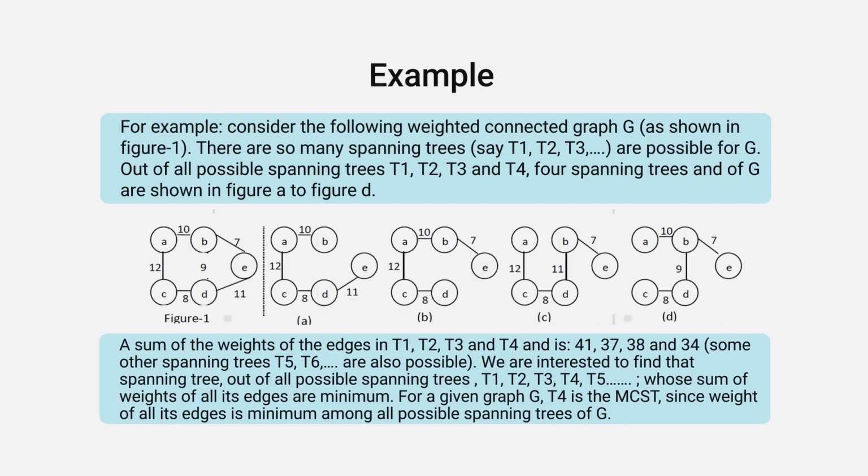There are a total of 5 raised to power 5 minus 2 spanning trees possible, that is 5 cubed, 125 spanning trees, but we have drawn only 4. In these 4, the minimum cost one has cost 34, but it may not be the true minimum cost spanning tree because we have not tried all 125 combinations. The minimum cost spanning tree will be only 1, but the number of spanning trees can be n raised to power n minus 2.